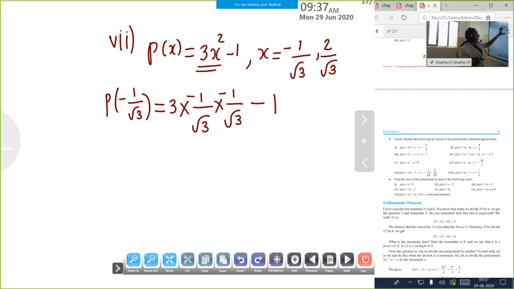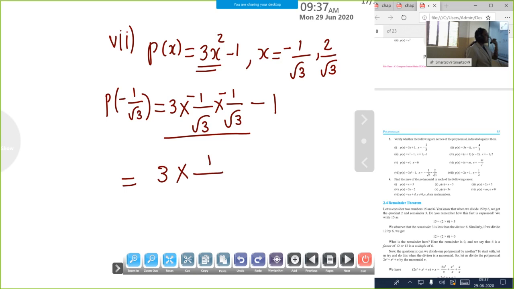In the place of x, you substitute the value minus 1 by root 3. Again, two negative signs are there in this term, so the answer is positive. So, we can write 3 into 1 by root 3 into root 3.